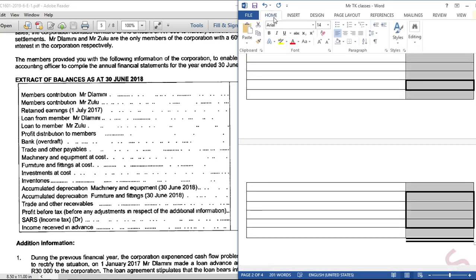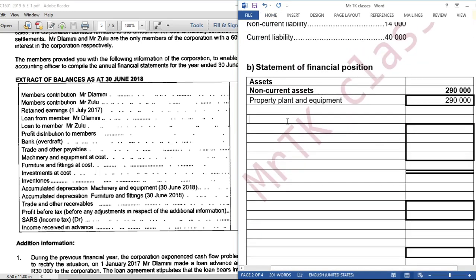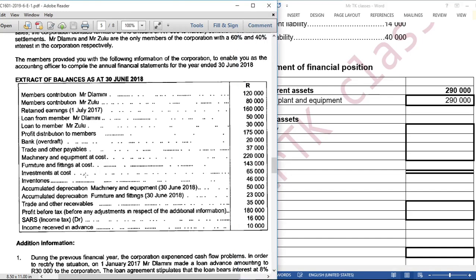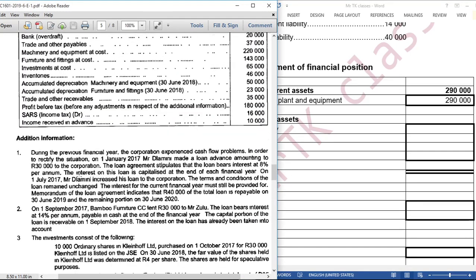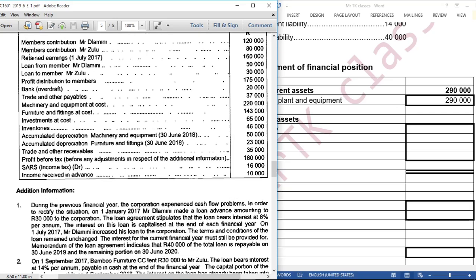All right. So we move on to the next one, which is current assets. Under current assets, we are going to have inventory. When we were reading the adjustments, we didn't say anything for inventory in the adjustments. So let us just check here.